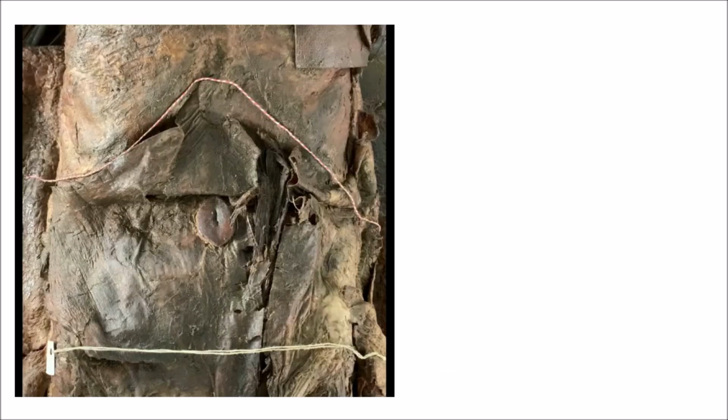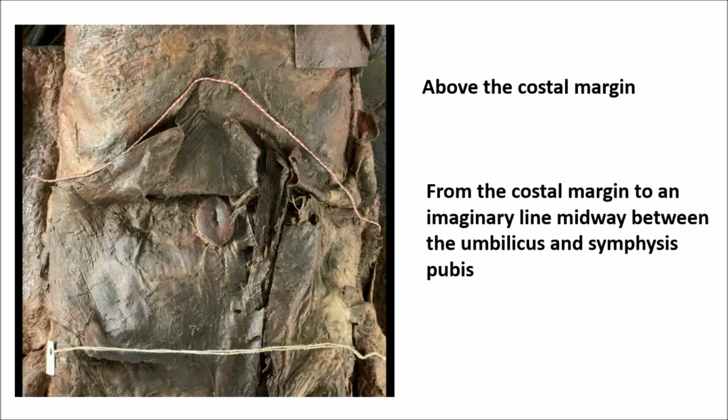As the mode of formation of the rectus sheath is not uniform throughout the rectus muscle, it can be divided into 3 parts: above the costal margin, from the costal margin to midway between the umbilicus and symphysis pubis, and below this imaginary line.